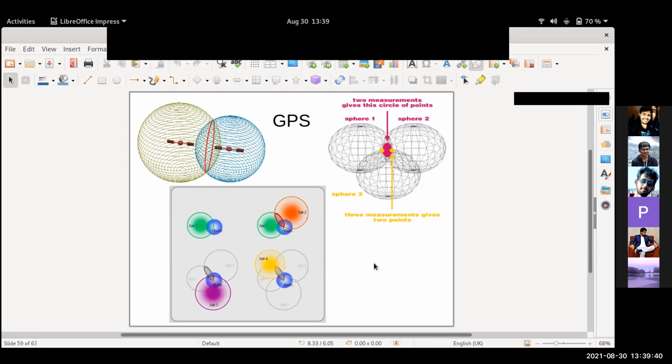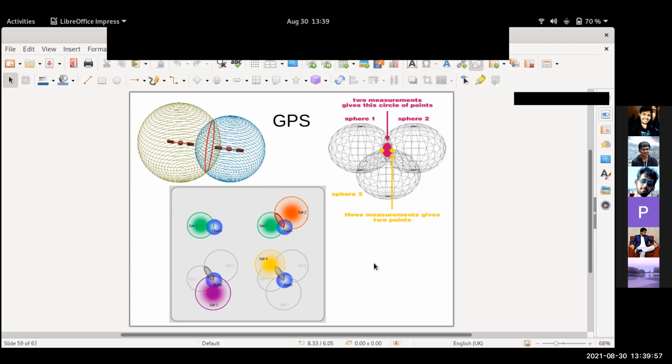Sir, with three satellites, can we get the time? No, with three satellites you will not understand the time. The fourth satellite.